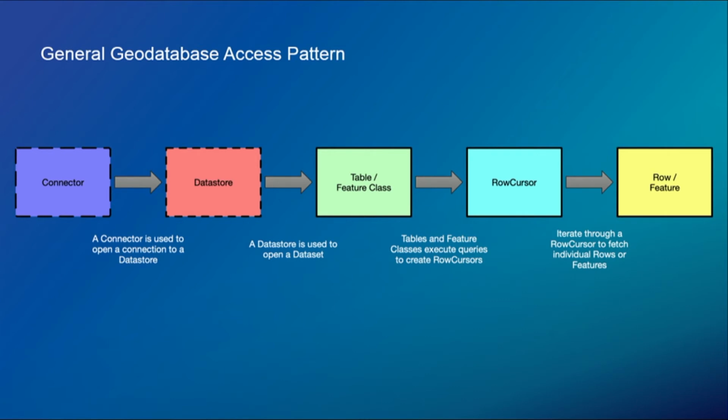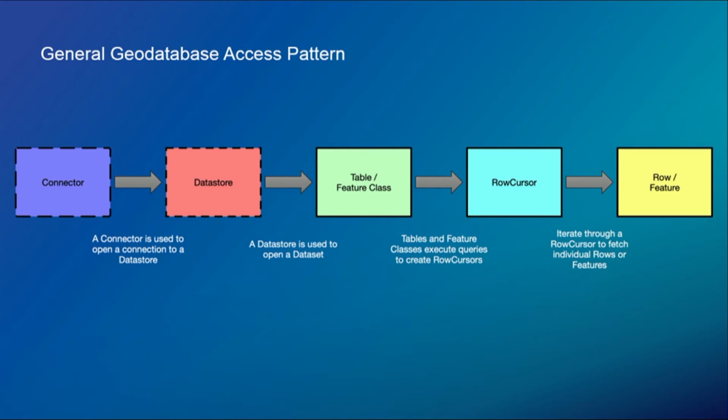Data store is something like a database or a geodatabase or a file geodatabase and so forth. The data store contains a collection of tables and feature classes. These are data sets. So you use the data store to get a data set. Then from that data set, you execute queries and you get the row cursors that Colin spent so much time talking about. And from row cursors, you can get the individual rows.